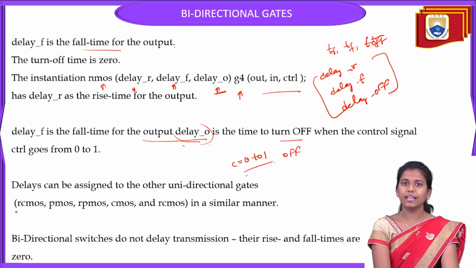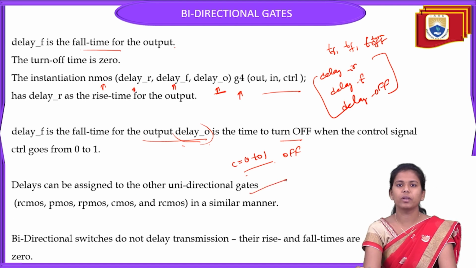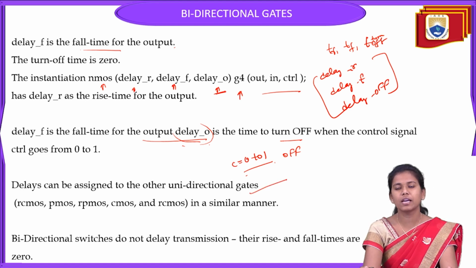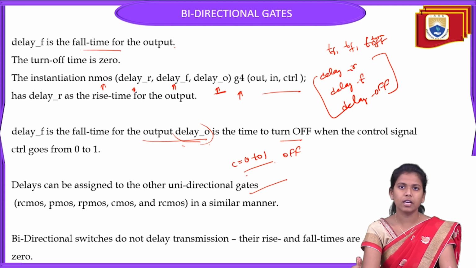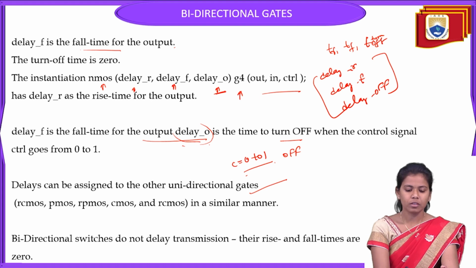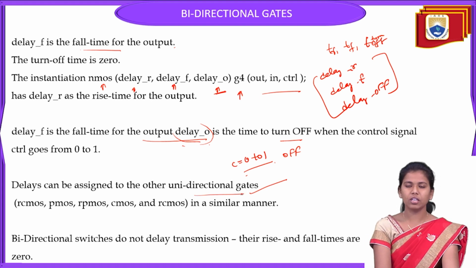So here the delay can be assigned to unidirectional gates as well. These three times, rise time, fall time and turn off time, are not only meant for bidirectional gates, but can also be used for unidirectional gates.